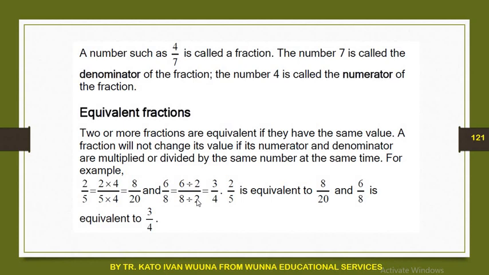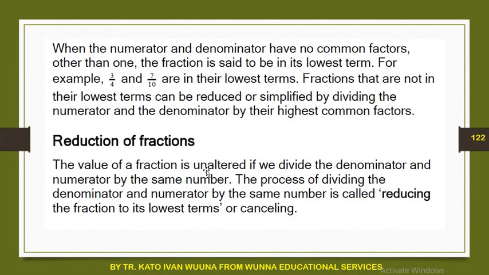Good. So let's continue. We are told that when the numerator and the denominator have no common factor, very good. Remember we have just concluded that they should have a common factor, most especially when dividing.